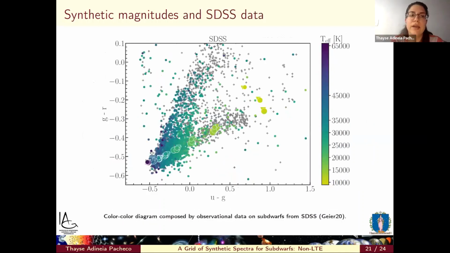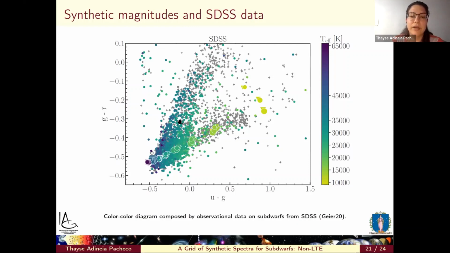We also have this comparison between synthetic colors and Sloan Digital Sky Survey data. These crosses are from Geier 2020, which is the most complete observational data of subdwarfs. These colored points are the subdwarfs with the effective temperature determined.